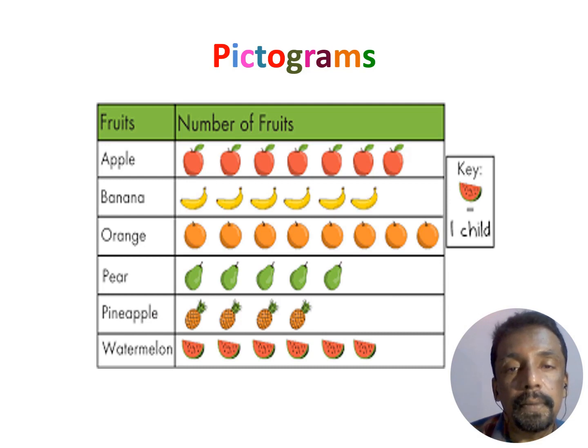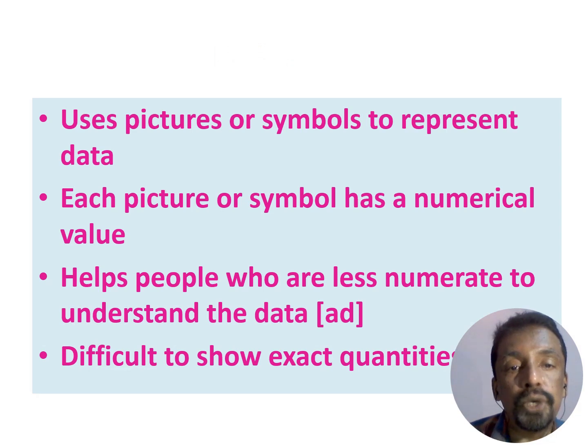Pictograms. As the name suggests, these are pictures. You present the data in the form of pictures. Look at that. Uses pictures or symbols to represent the data. Each picture or symbol has a numerical value.